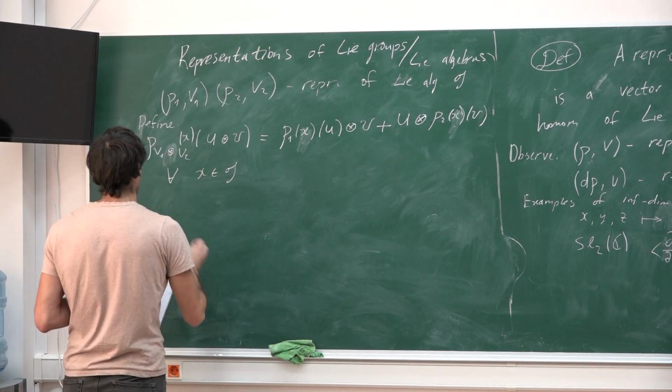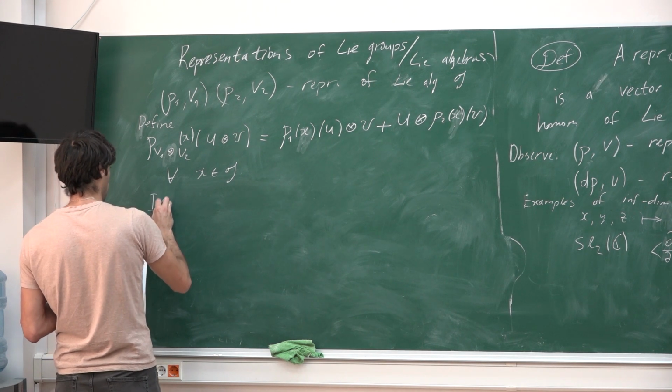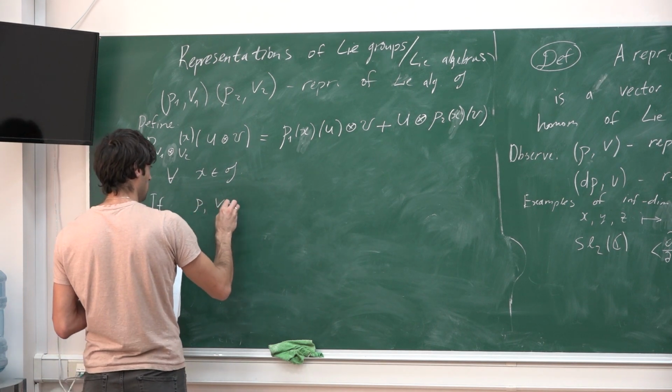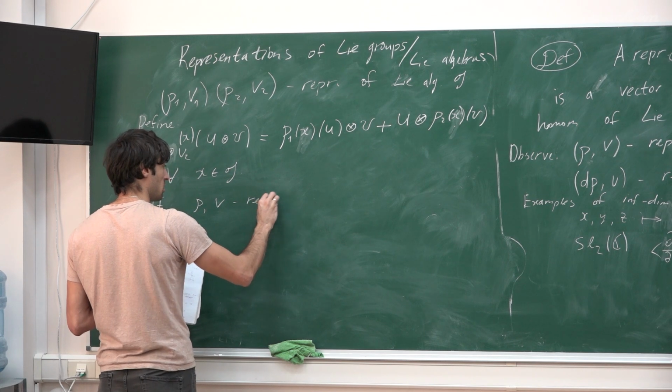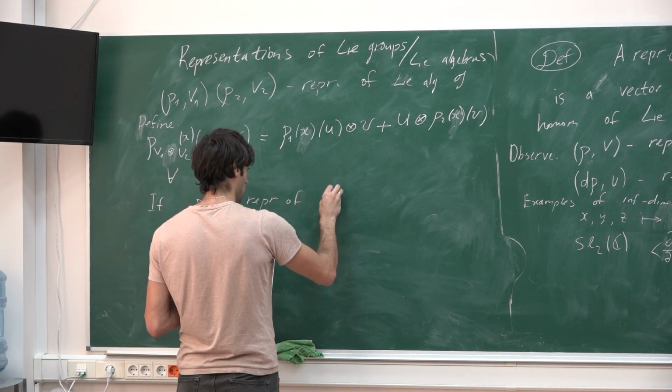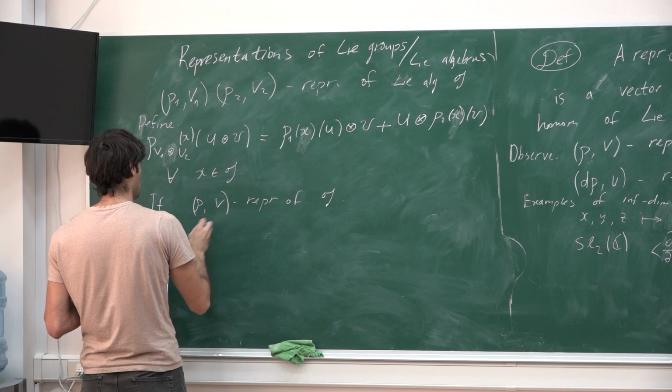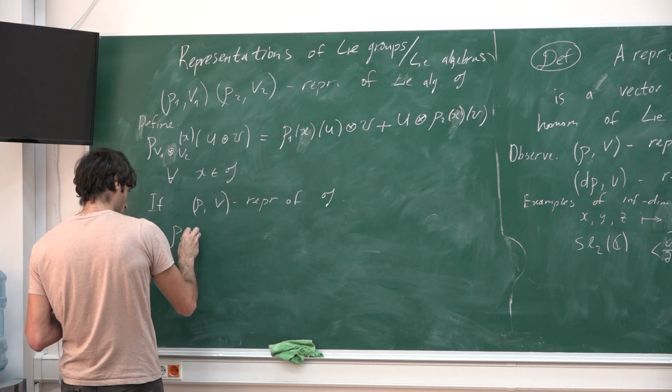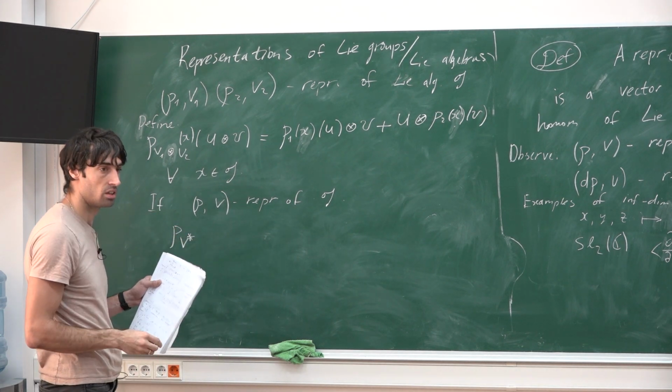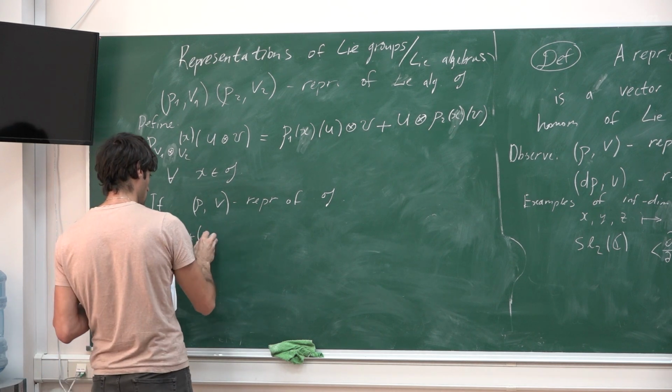And also, again, if rho V is a representation of the algebra G, then I can define rho V star as follows.